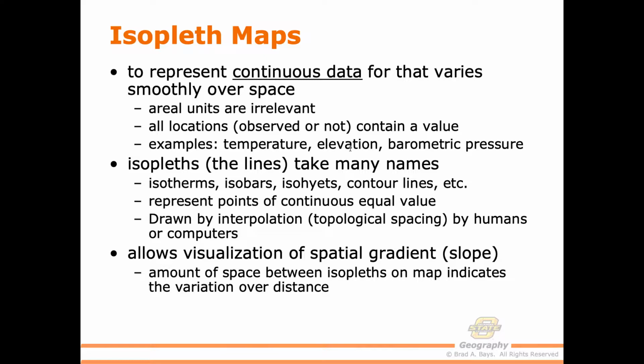The isopleth map, on the other hand, is a way of mapping what we refer to as continuous data. I mentioned discrete data, and I mentioned aggregated or normalized data. There's also continuous data, which is something that varies smoothly over space, but what matters is that every location has, for the most part, a potential measurement.